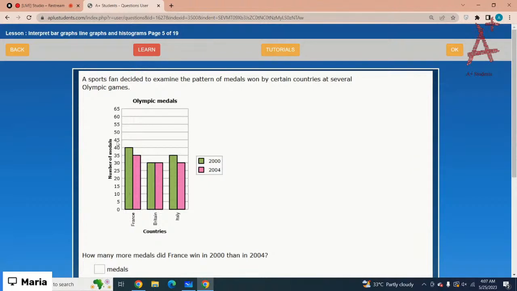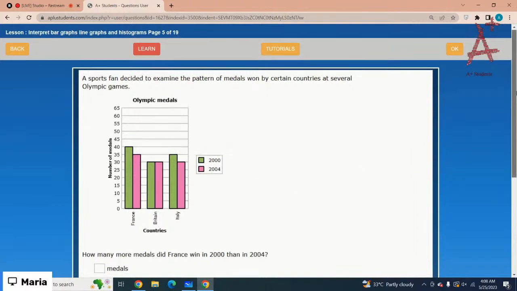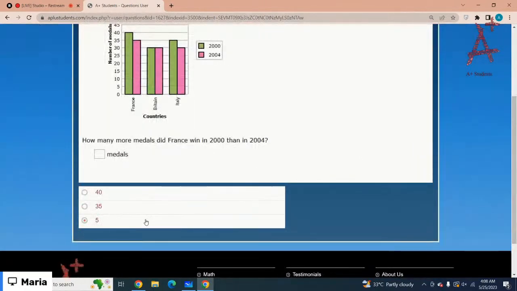Here is France, and in 2004 it is 40, and in 2010 it will be 35. So that means you have five more in 2004 than 2010.